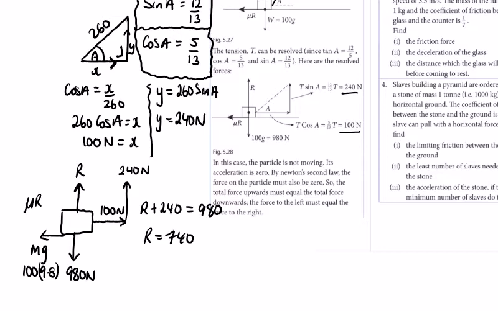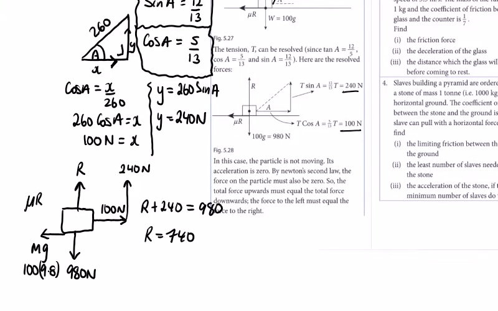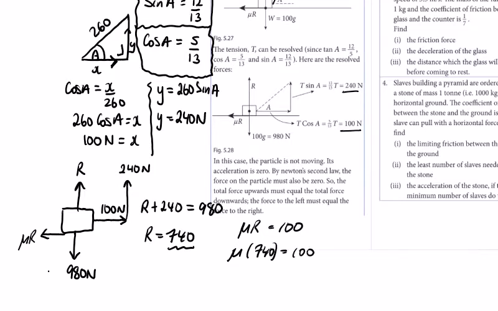And we could also say that, so let's look at left and right, just rub this out for a bit of neatness. Move my mu R down. So mu R has to be equal to 100. My left equals my right. And we have R, so we can say that mu by 740 is equal to 100.